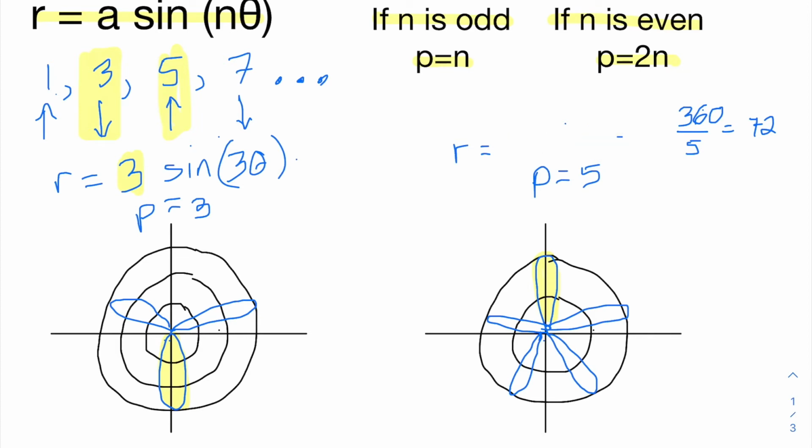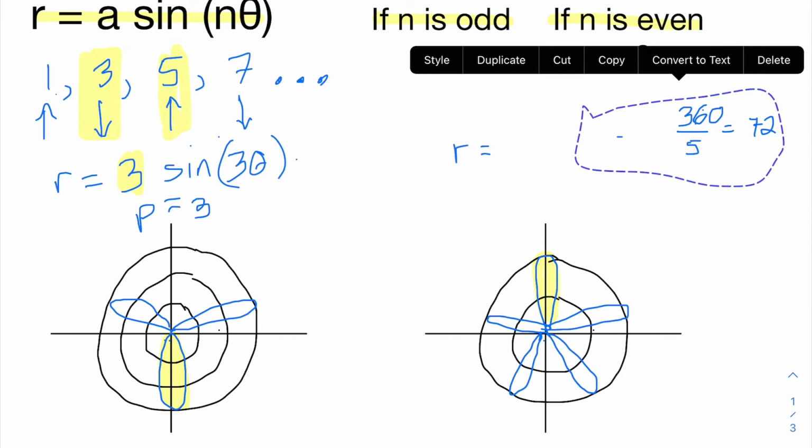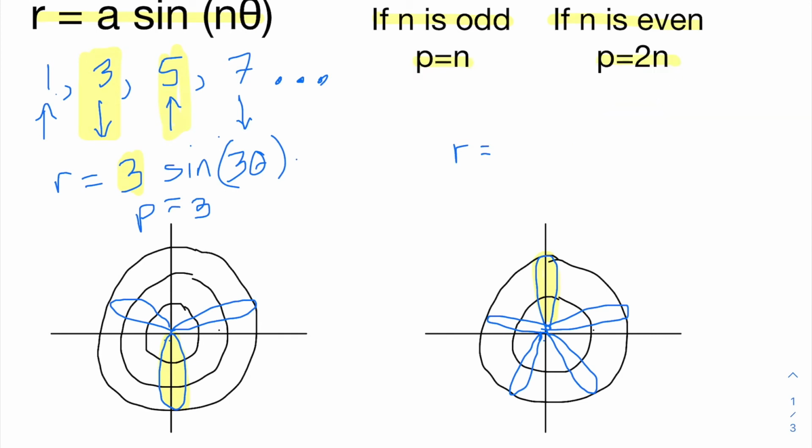Let me eliminate some of this. All right, so let's change this up a bit. Let's get rid of these petals here, and let's write this out with a negative. So we're going to talk about what that negative does.